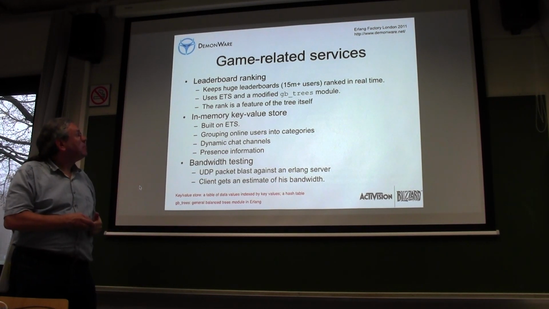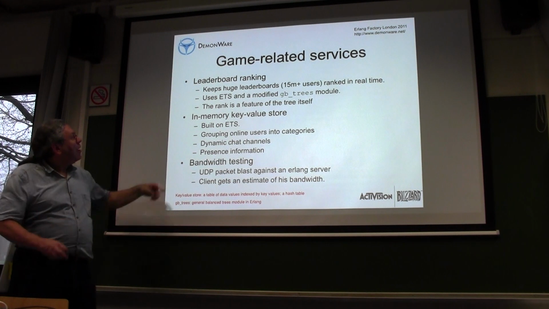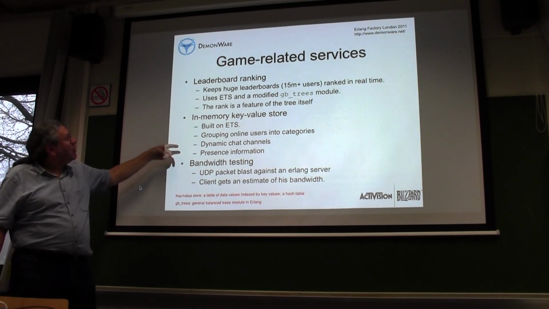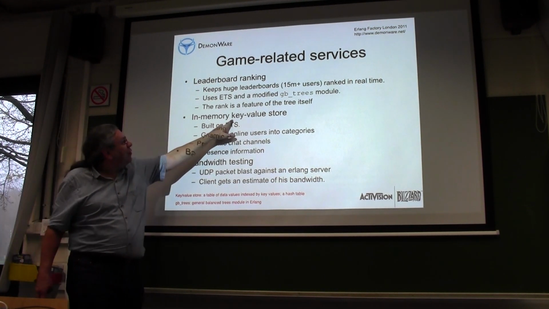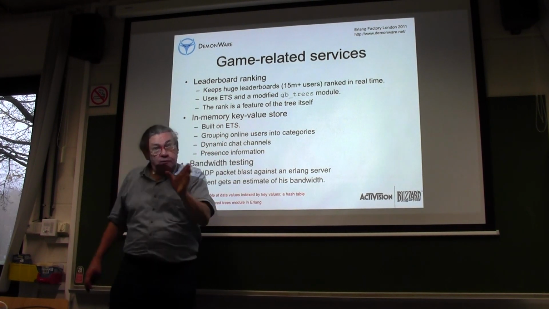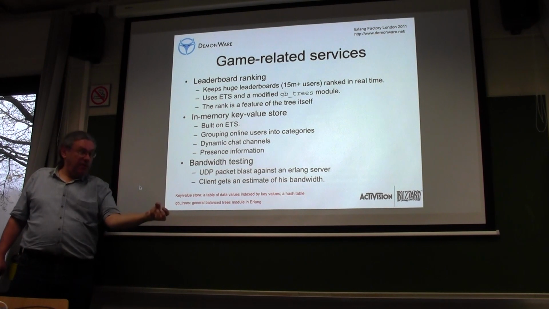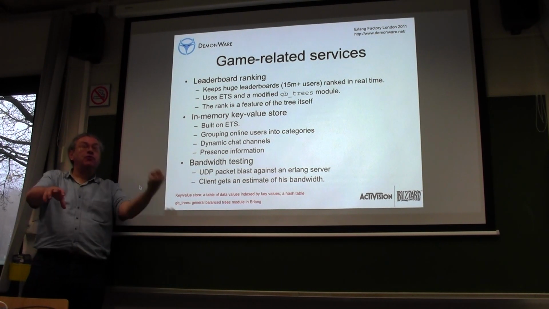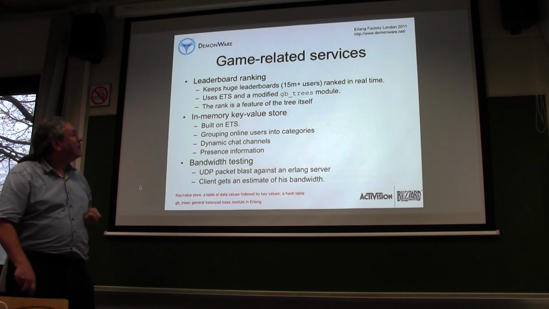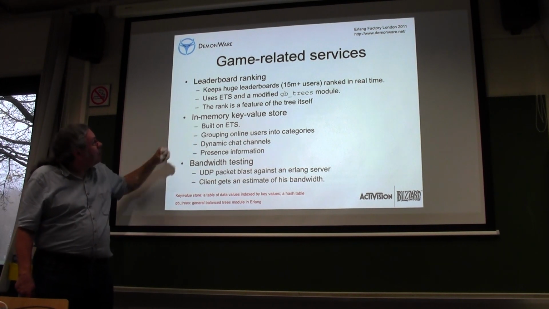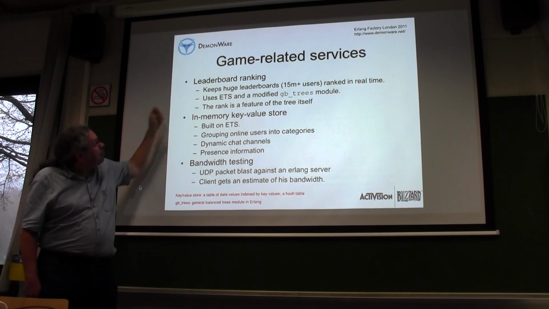Okay. Also, they have a key value store. A key value store is like a database. It's like a hash table where you put things in there with a key and any kind of value, so you can store and update. They built it on top of ETS, so this is like a very simple database.